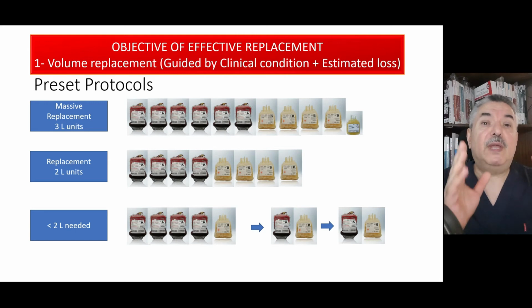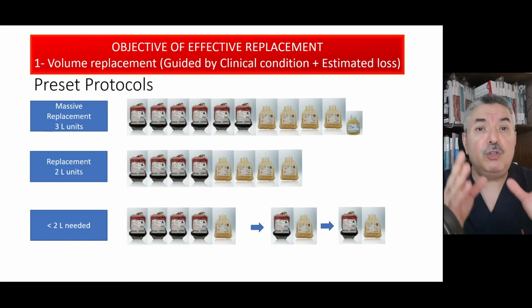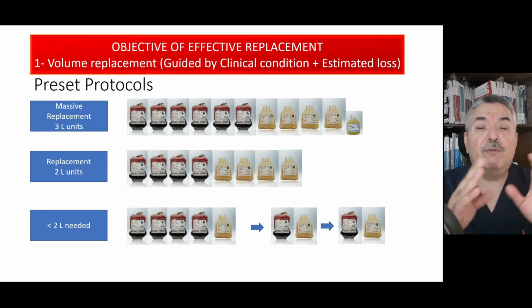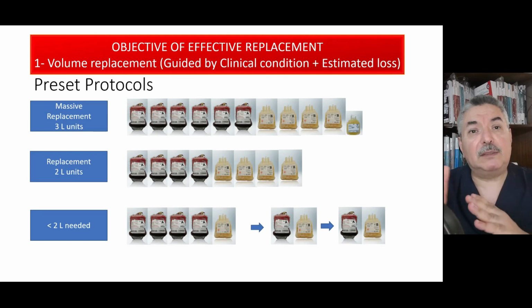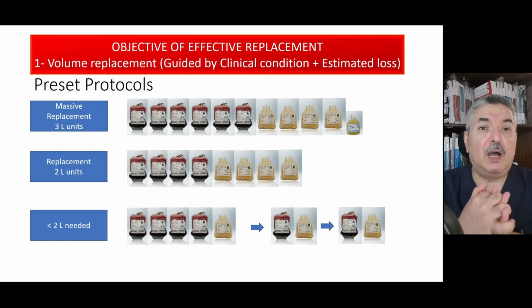And this also can apply if you don't have enough fresh frozen plasma. If you don't have in the blood bank, they are not ready to provide you with 4 units for the 4 units packed RBCs. So you give 4 packed RBCs, you give 1 fresh frozen plasma. And then for every 1 unit packed RBCs, you give 1 unit fresh frozen plasma afterwards.